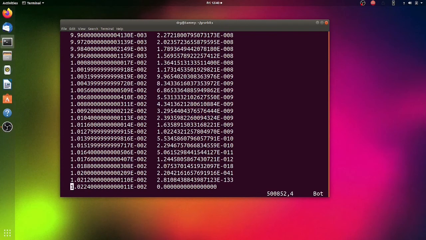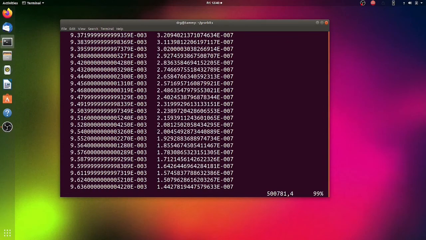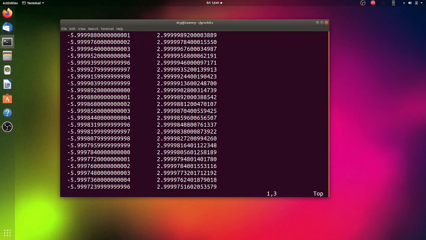I attempted to go 600,000 lines into the file, but it isn't letting me. Let's back up a little bit here. The radial coordinate is decreasing. It's on the order of 10 to the negative 7. Now, initially, theta was negative 6. I did that to plot a variety of theta values.